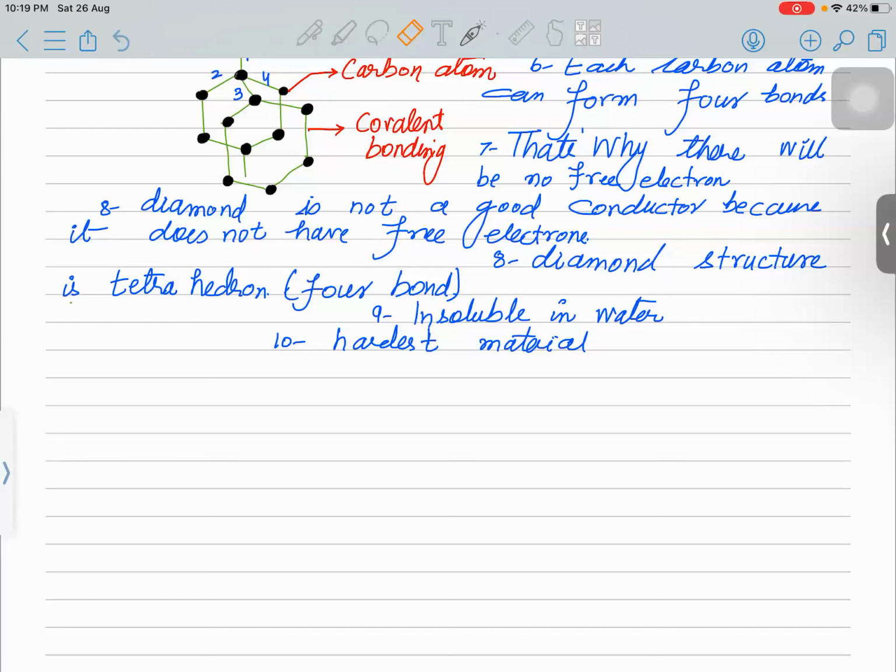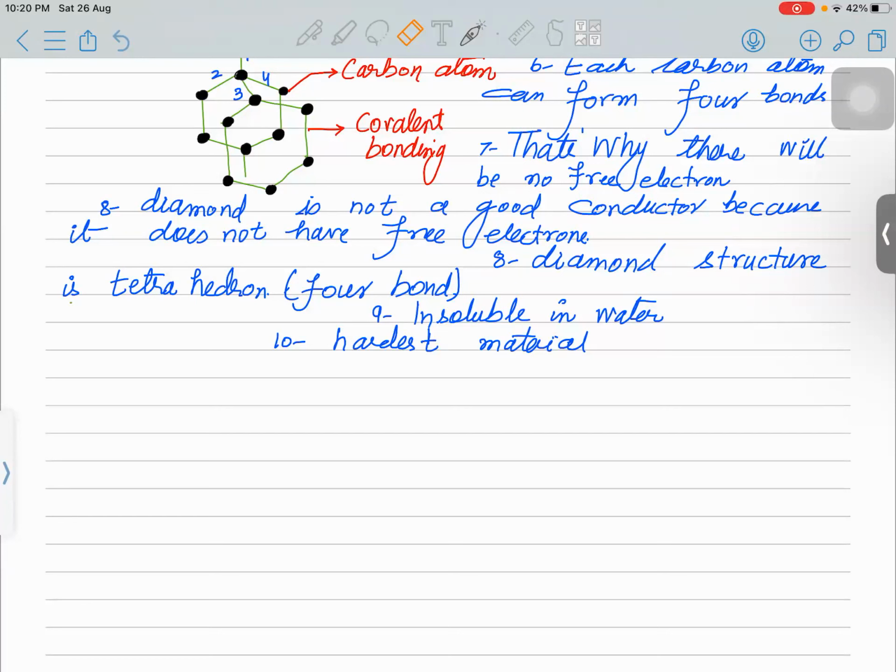Graphite is a good conductor, but it has no charge. Graphite is neutral. If it had any charge, it would dissolve in water.